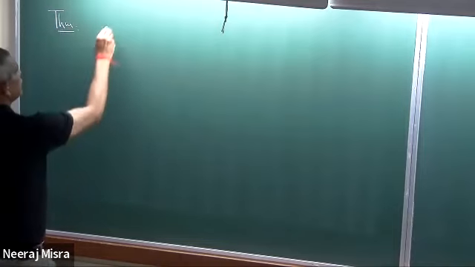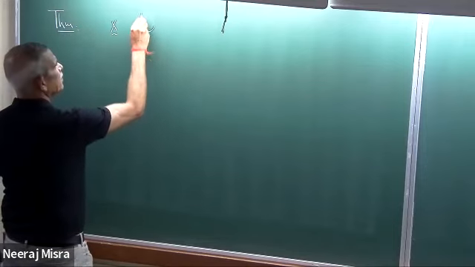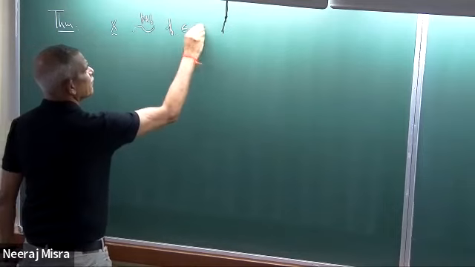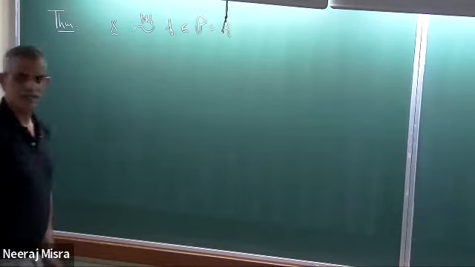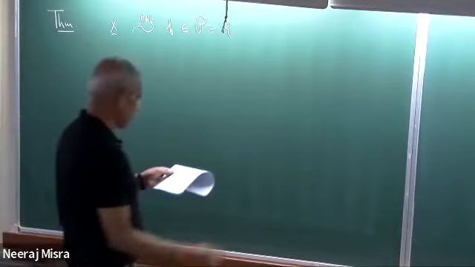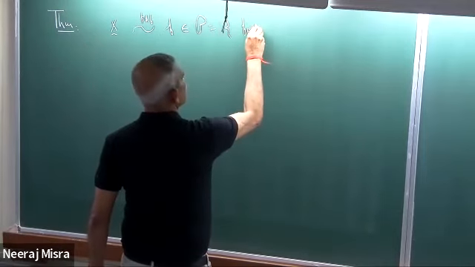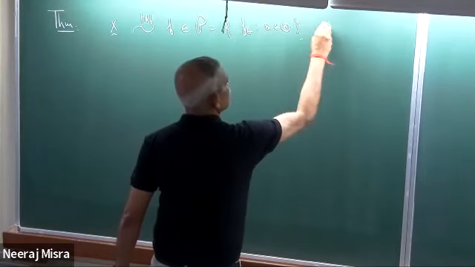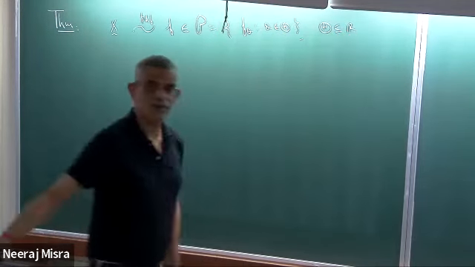X has a PDF, let us say f, which belongs to the family P, which is the collection of all those f_theta, so that theta belongs to Theta. Theta is a subset of R, so you have one parameter.